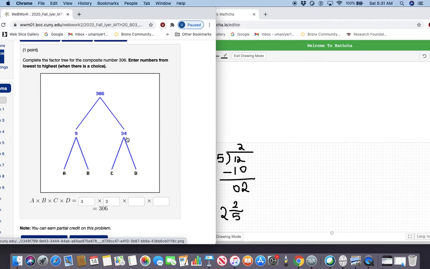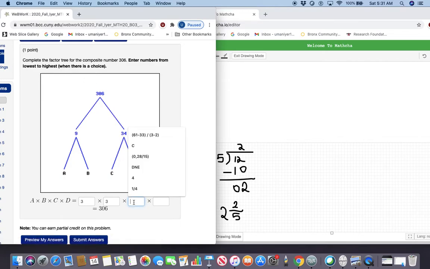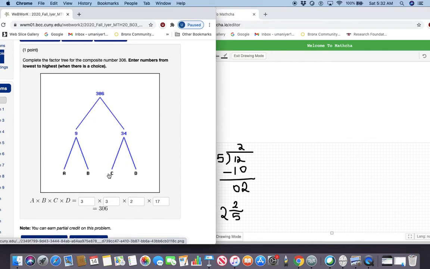Let's look at 34. Enter numbers from lowest to highest. 34 splits as 2 times 17. Keep in mind they are telling us to put the lower number first. You could have written 17 times 2. That's not wrong, but WebWork is asking you to put the smaller number first.